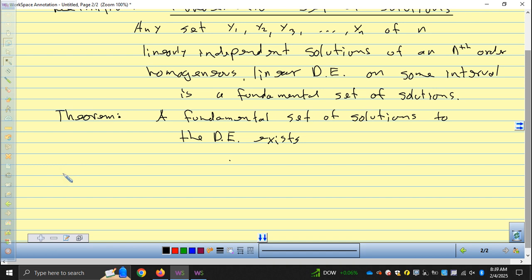So finally, we are at the point where we can talk about a general solution. And this is a theorem about our general solution.